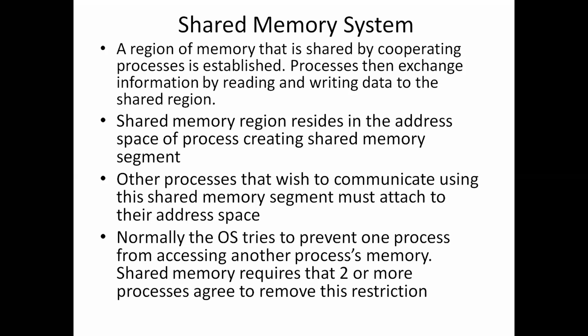Those cooperating processes should agree to remove it. The restriction is that the operating system will not allow one process to access another process's memory. That is about the shared memory system.